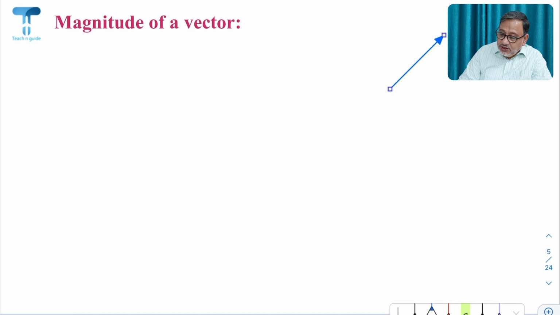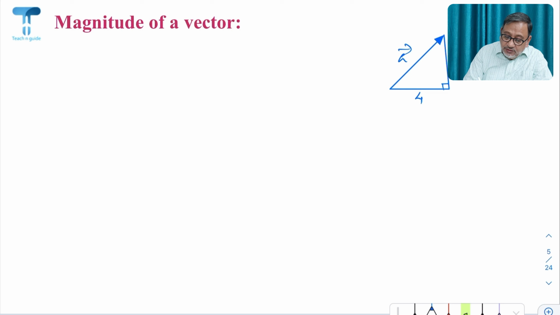Suppose this is my vector, vector A. Now in the direction of x and in the direction of y, suppose it has 4 units in the direction of x and 5 units in the direction of y.